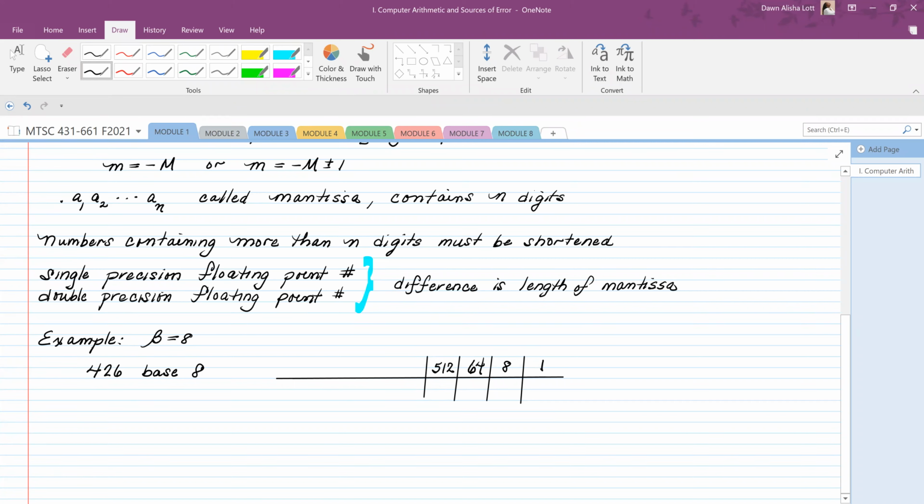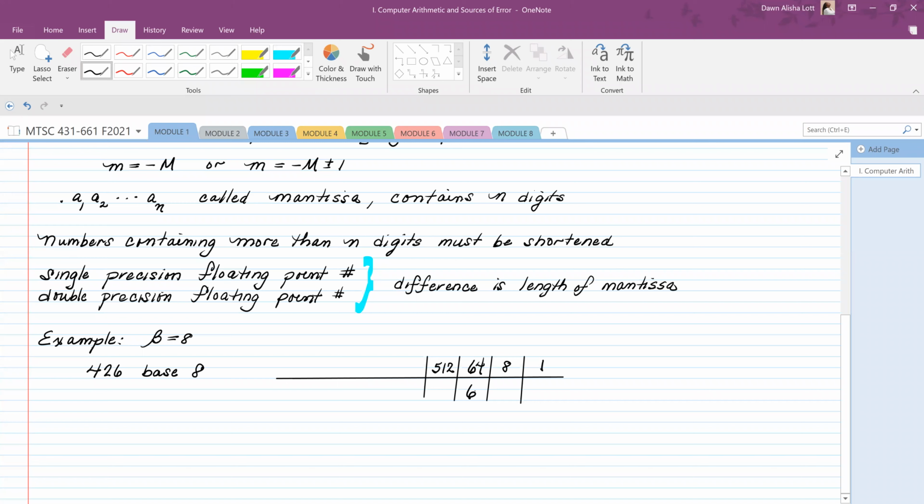So how many 64s go into 426? That's 6. And 6 times 64 is equal to 384, and I subtract that from 426.